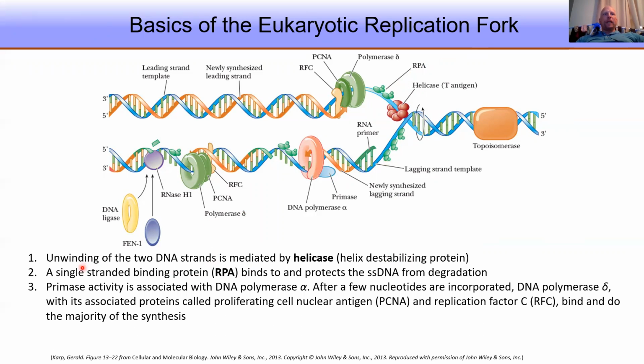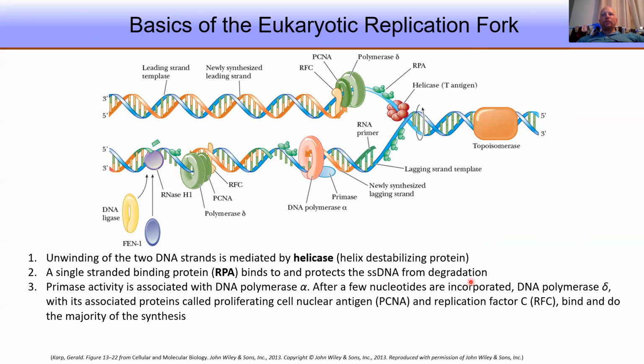And then we have something called primase activity. So initiation of replication of DNA requires an RNA primer, which you can see here. And this has to be created by a primase enzyme. And this activity is actually associated with a type of DNA polymerase called alpha.